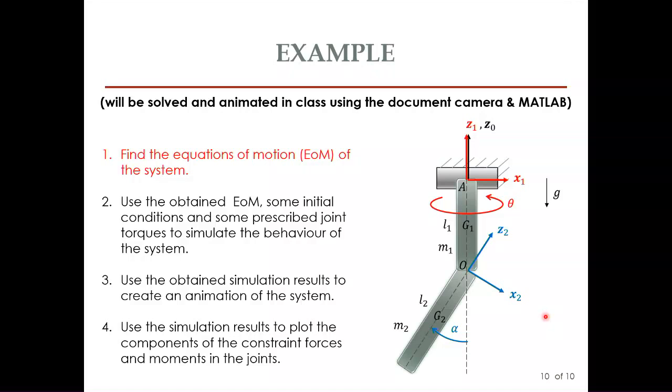All right? So first, all of these definitions. Let's think about them. The Qk, the generalized coordinates, are here theta. So theta is my Q1, and alpha is my Q2.